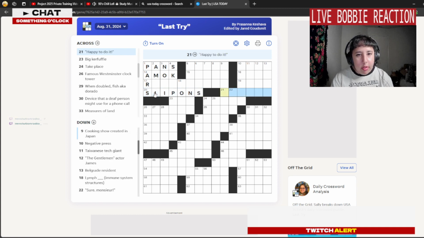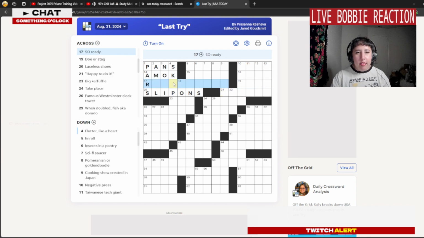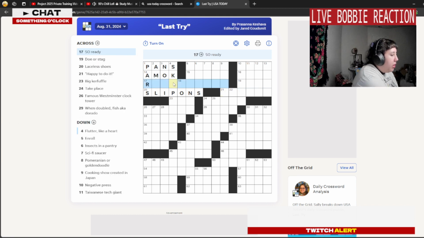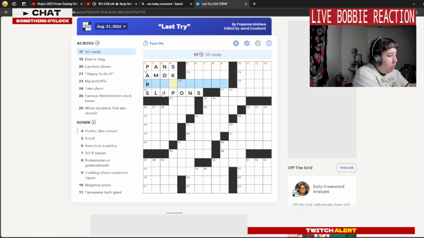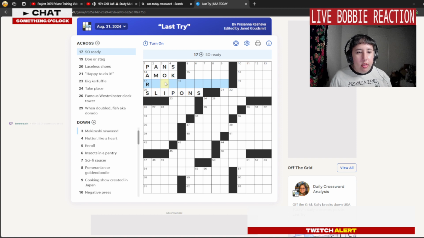No. Slip-ons. Okay. Walk. Yeah. You know what? I'm gonna put my iPad up here. Okay. Infinitely better right here. Why is it not? Like this, maybe? 3 down is Nori. Ah, yes, okay.